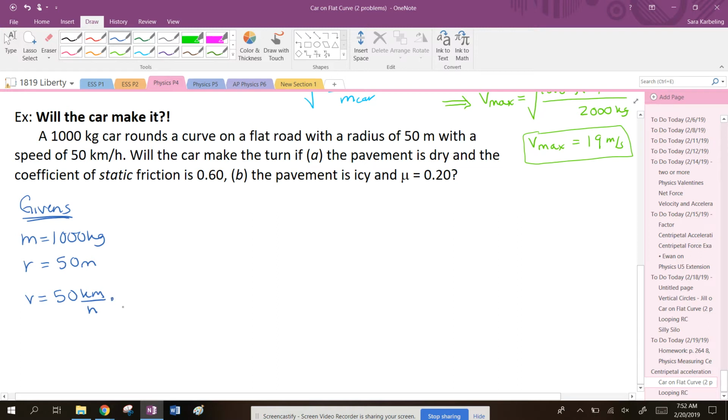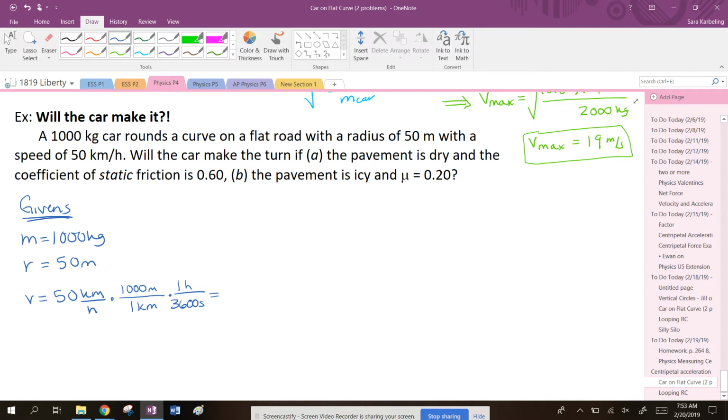So if we want to go from kilometers to meters, I'm going to have 1,000 meters in 1 kilometer. And going from hours to seconds, 1 hour is 3,600 seconds. Friendly reminder that 1 hour is 60 minutes, 1 minute is 60 seconds. That's where I get the 3,600. So then I can quickly convert here.